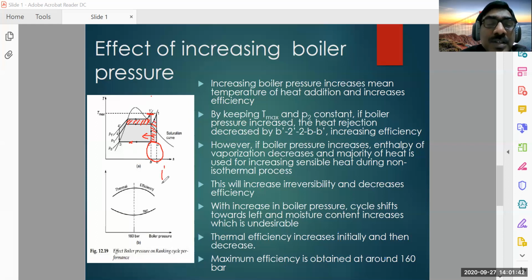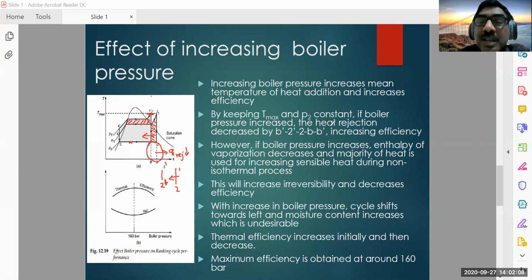That means 1 dash and 2 dash is here, and 1 2 is here. So this line is shifting leftwards. Because of this much shifting, this much amount of heat rejected will be decreased.